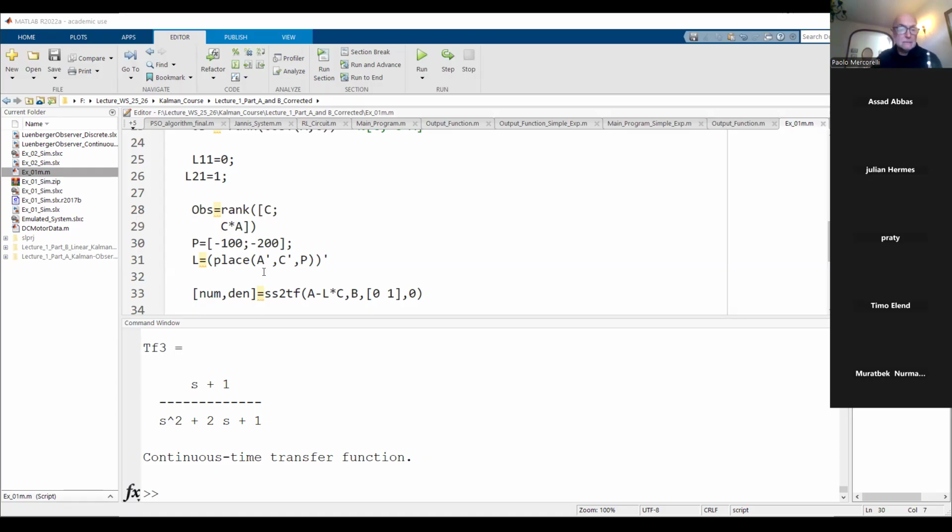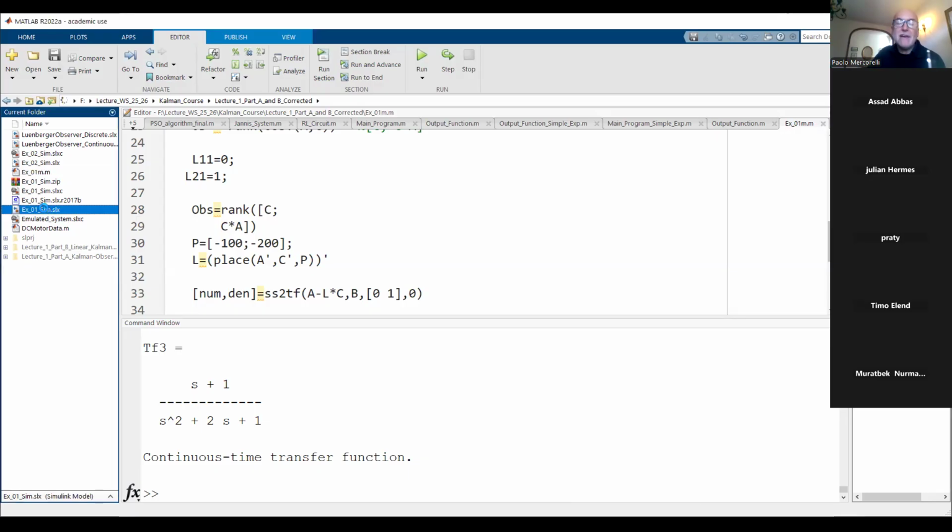Let me open Simulink to show you how we can build an observer. If I click here on the file, you have these two files. I open directly an interface, which engineers probably know, Simulink, which is a graphical interface of MATLAB. Let me share.